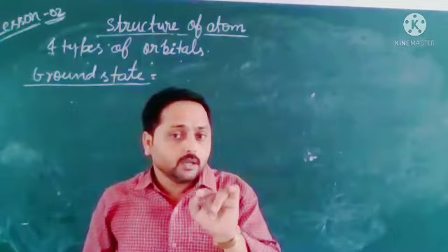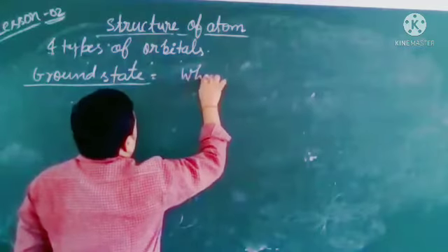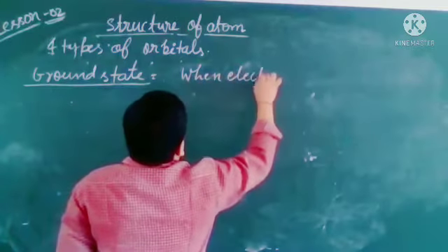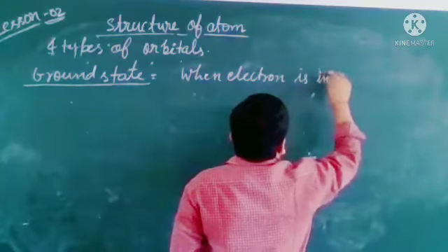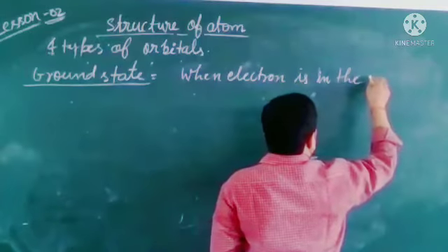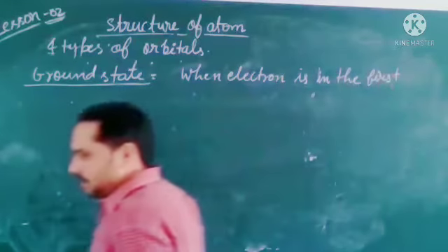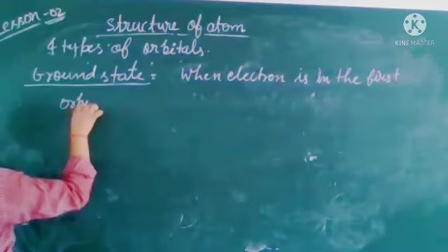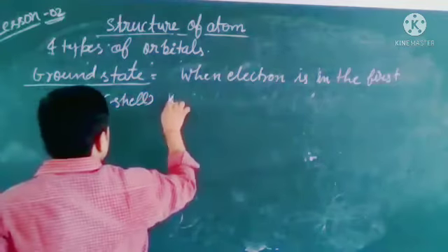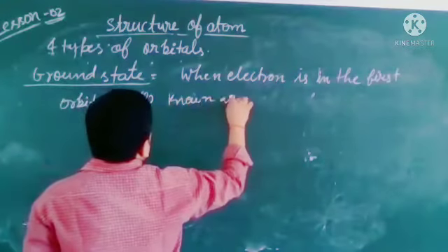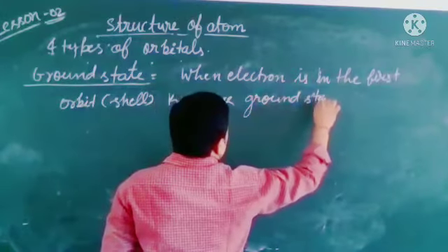If it is in the first orbit or shell, we can write, it is known as a ground state. So you do not have to be confused about this.